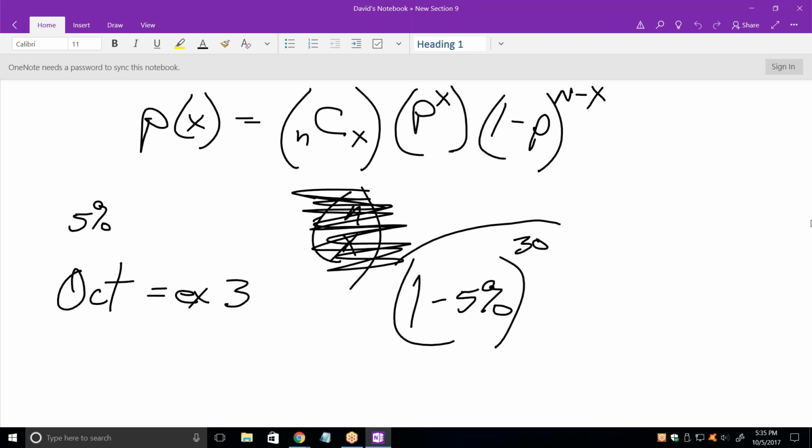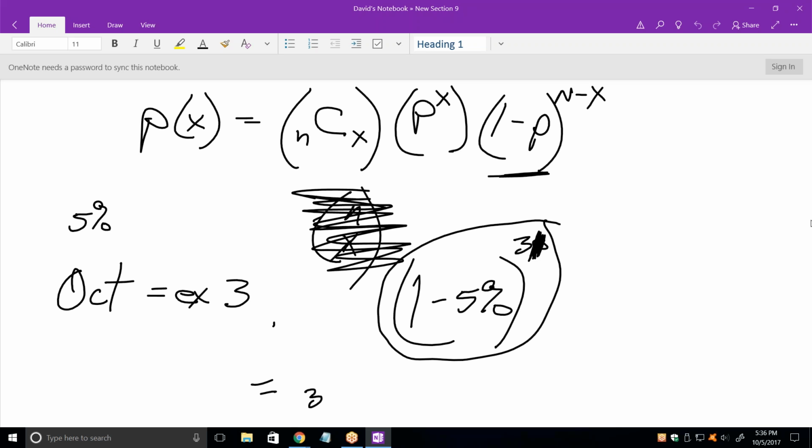So that would be the odds that it did, or to the 31st power, excuse me. That would be the odds that it didn't rain at all. Because the odds that it's not going to rain on any given day are 1 minus 5%. And there's 31 days. Okay, so we should be able to put this as a series.